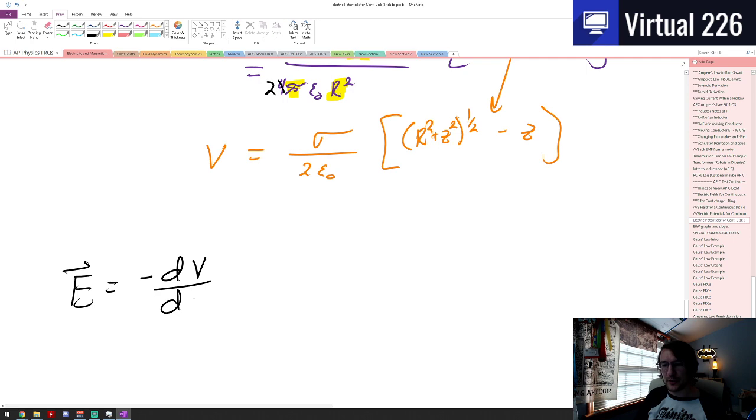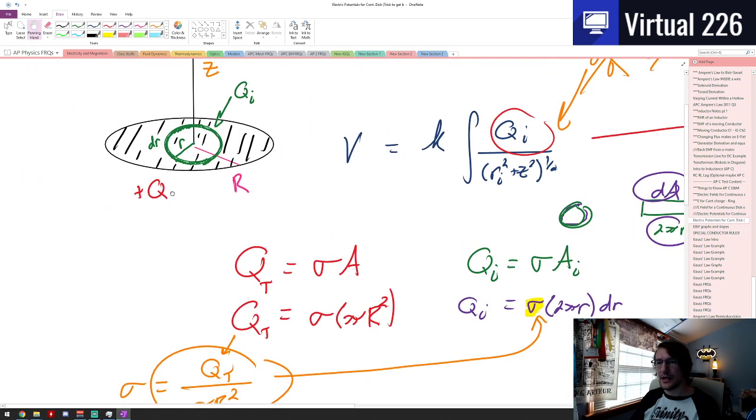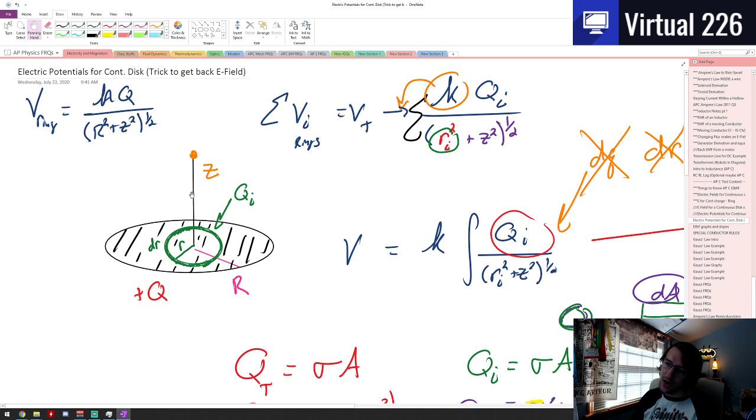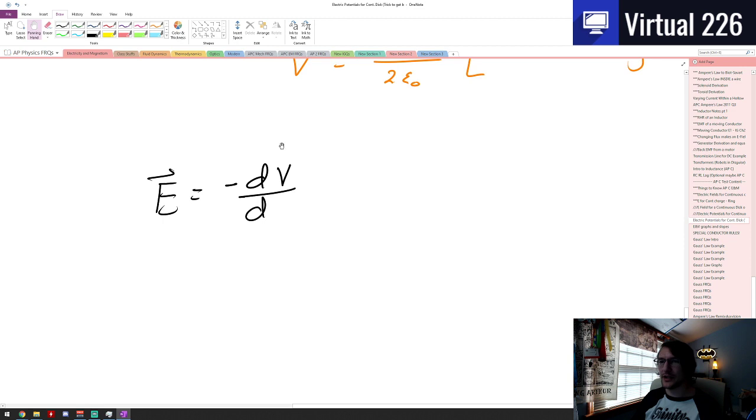Sometimes you'll see this written as dr. In our setup though, our radial distance is a distance z away from the actual charged disk. So instead of writing dr here, I'm going to write dz because that's our radial distance.